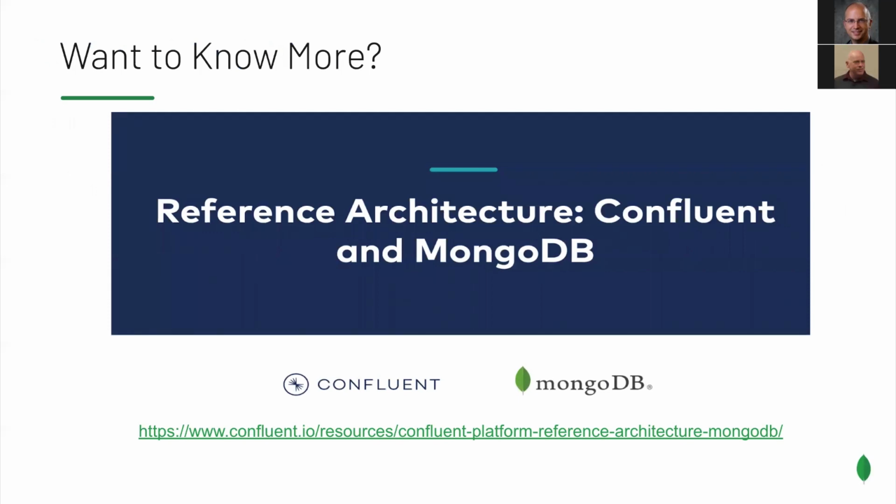If you want to know more, not just about Confluent Cloud and Confluent, but the Confluent and MongoDB partnership generally and how that shakes down from a technical level, take a look at the reference architecture for Confluent and MongoDB. This is a joint document that was published by Confluent, developed in conjunction with MongoDB, and is available on the Confluent website.